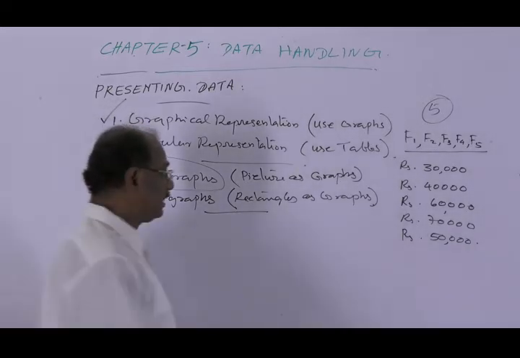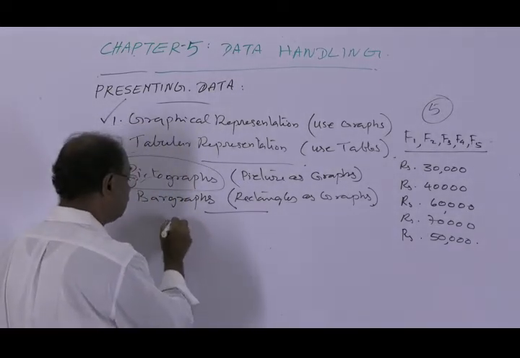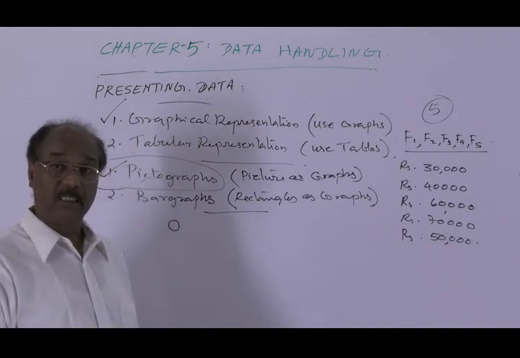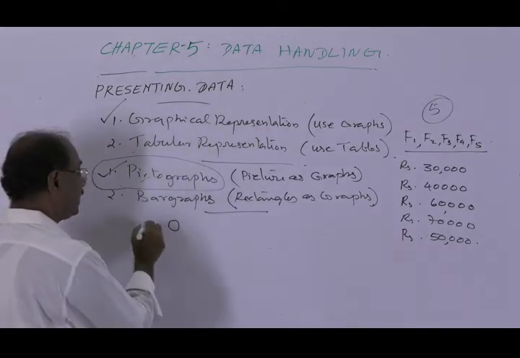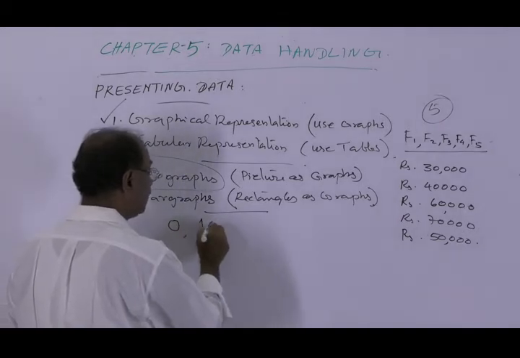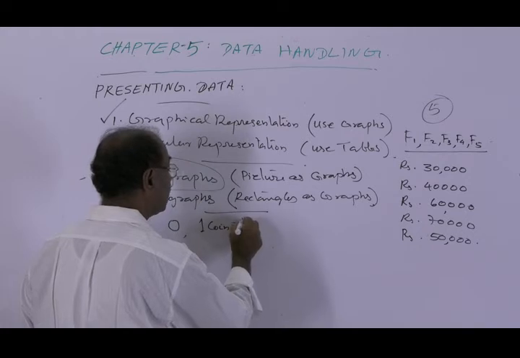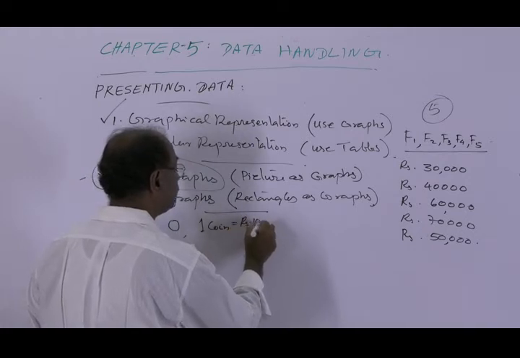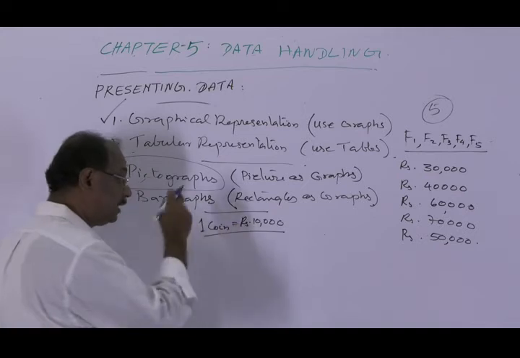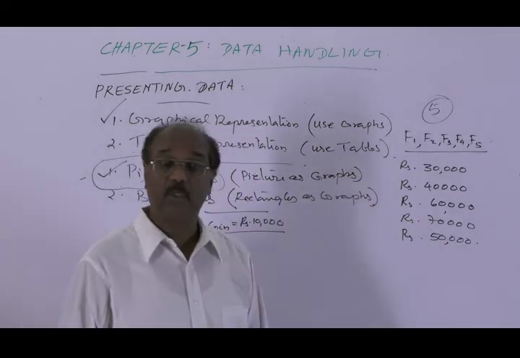Suppose we represent the data by this small circle with a suitable scale: one coin represents rupees 10,000.